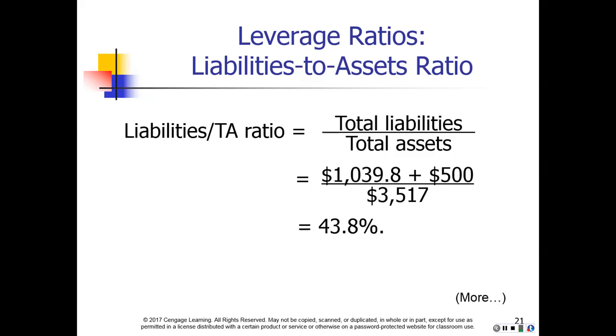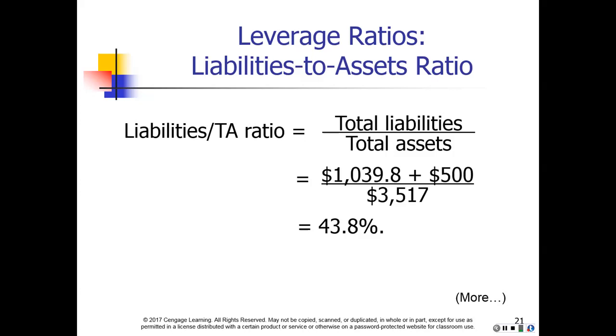Then another leverage ratio is liabilities to total assets. So you look at total liabilities and divide it by total assets, right? For total liabilities, from the liabilities and equity side, we get 1,039.8, basically 1.0398 million.